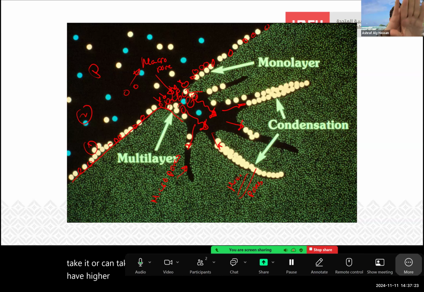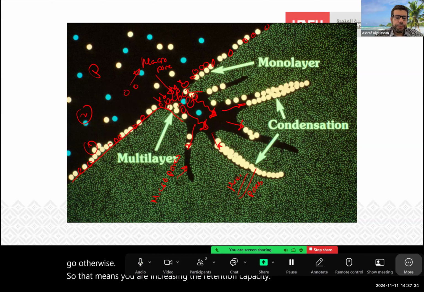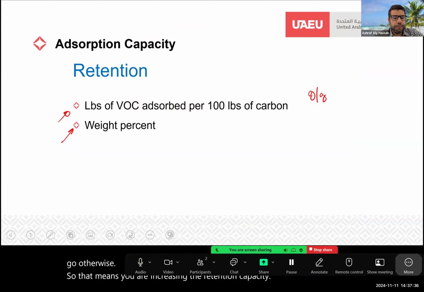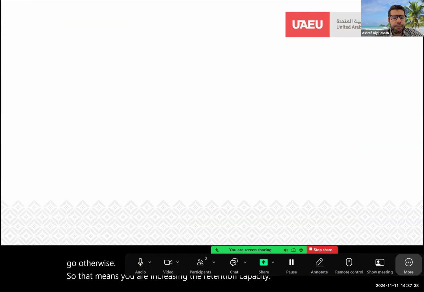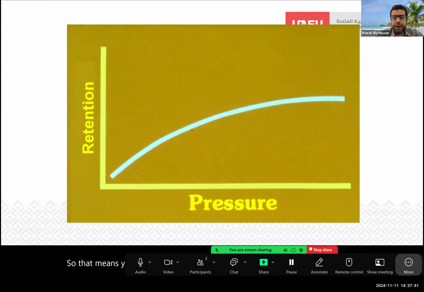You are pushing your particles to go places they wouldn't go otherwise. So that means you are increasing the retention capacity. Again, at higher pressure, you get higher retention. At lower pressure, you get low retention.